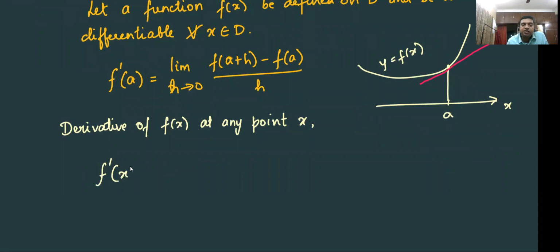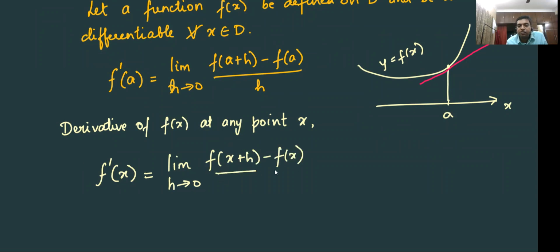Instead of a, replace x. Limit h tends to 0, f of x plus h minus f of x upon h. This is the derivative. As long as the function is differentiable, this is the derivative of this function.